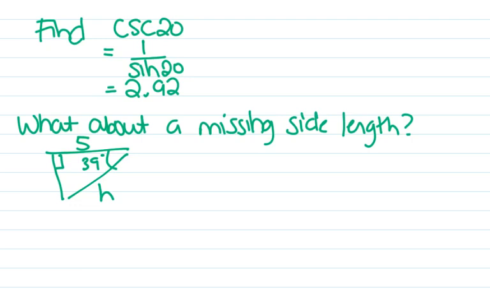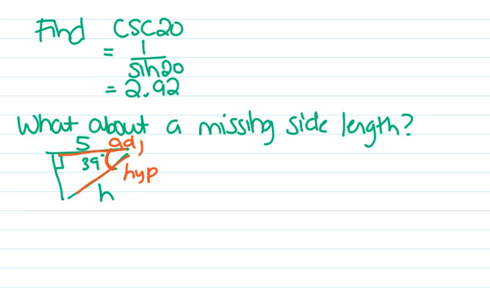So I have to use angle 39 here because it's the only one I know. Now I need to ask, which two sides am I dealing with? The hypotenuse, opposite, or adjacent? Which two of those three? I'll look at this angle, and I have the adjacent, and I have the hypotenuse.